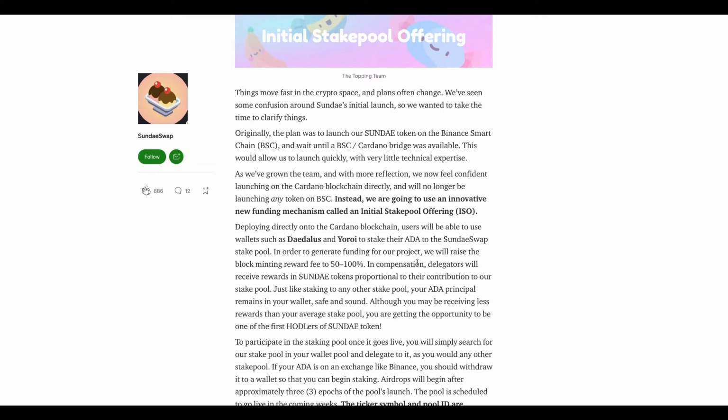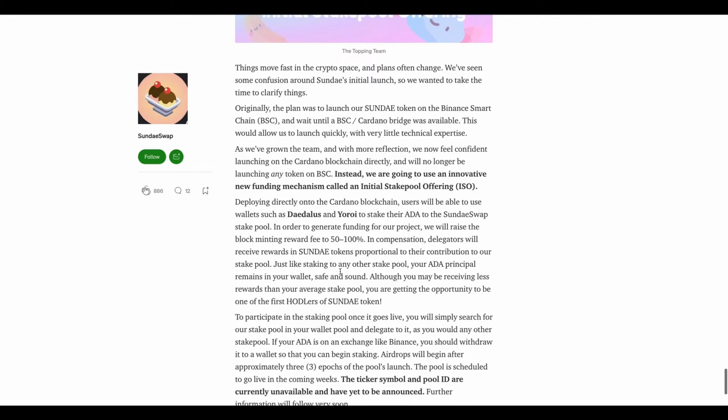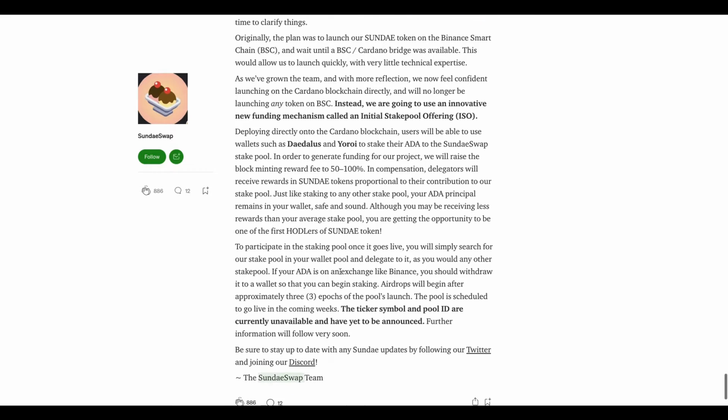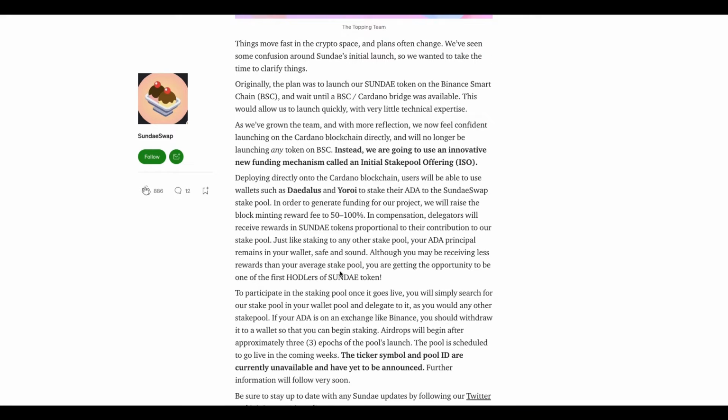And like it says here, we will raise the block minting reward fee to 50 to 100%, and this is to generate more funding for the project for SundaeSwap. So yeah, that's basically the idea of ISO.